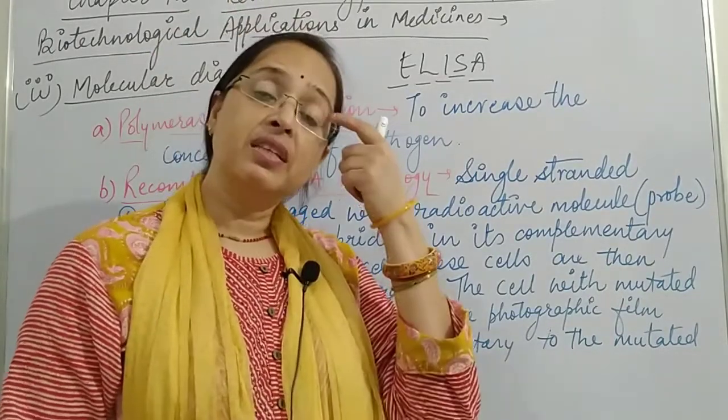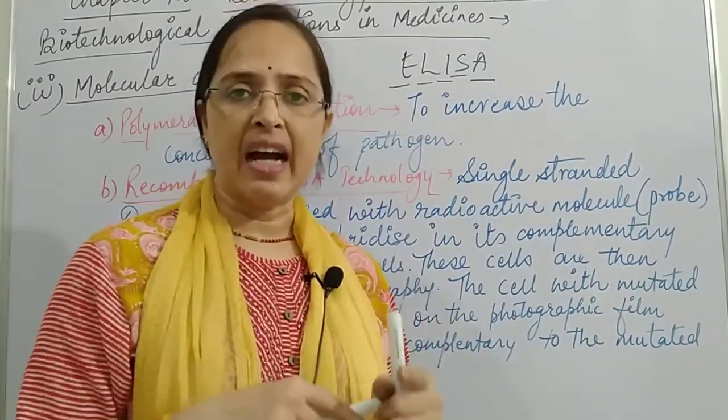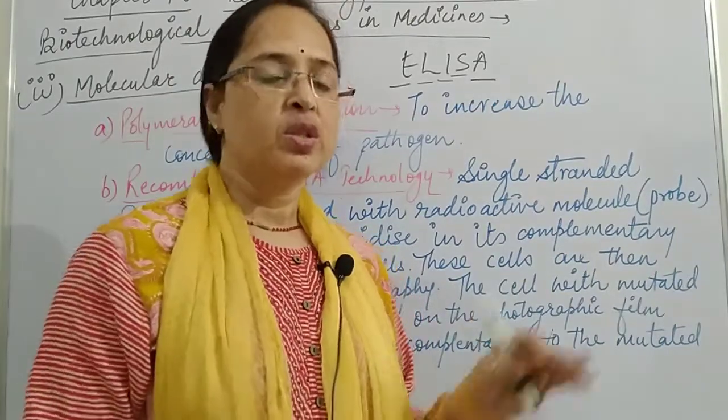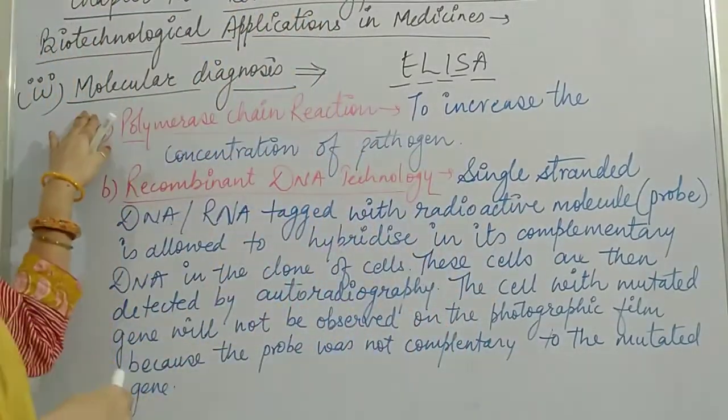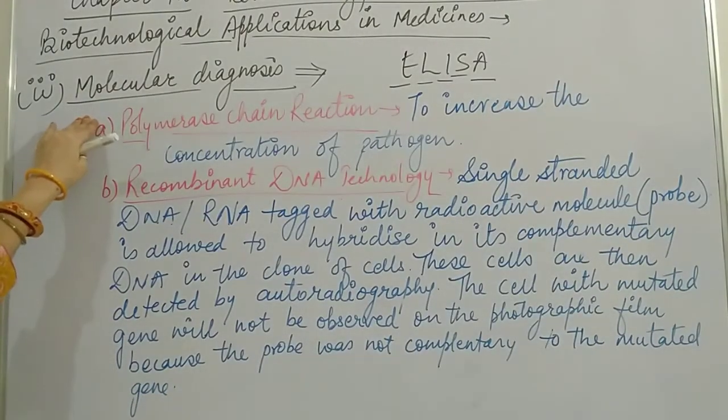The test is done with a blood sample to find out the interaction between the antigen and antibody. So these are the three techniques used for molecular diagnosis of a disease.